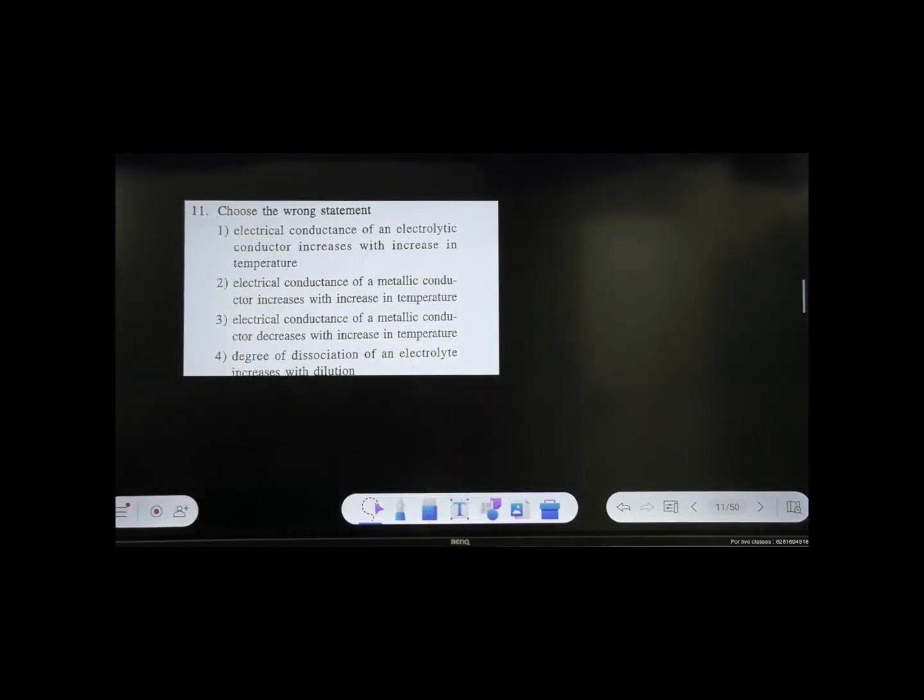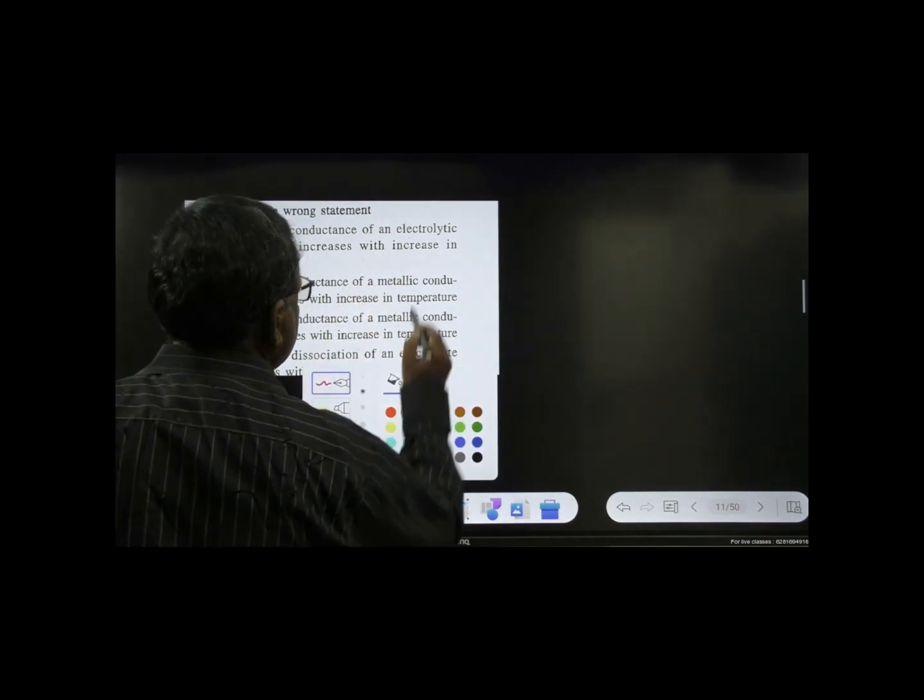Choose the wrong statement. Now, here some statements are given. We have to choose the wrong one. The statements are: electrical conductance of an electrolytic conductor increases with increase in temperature.